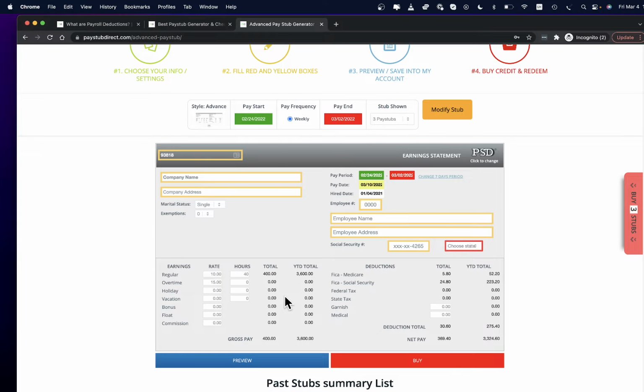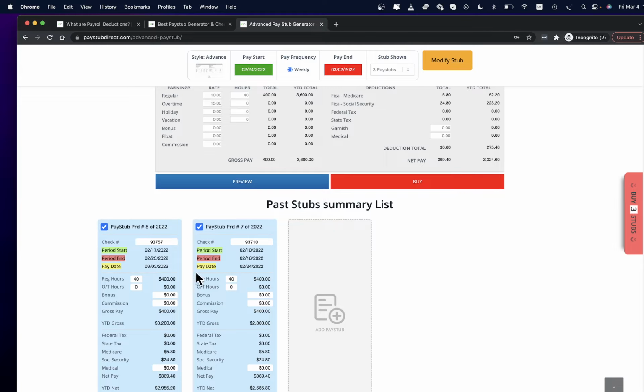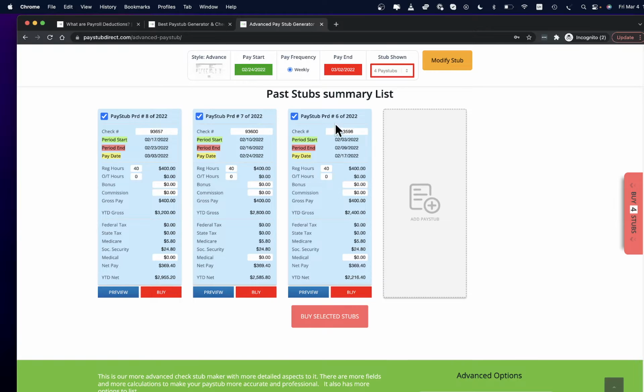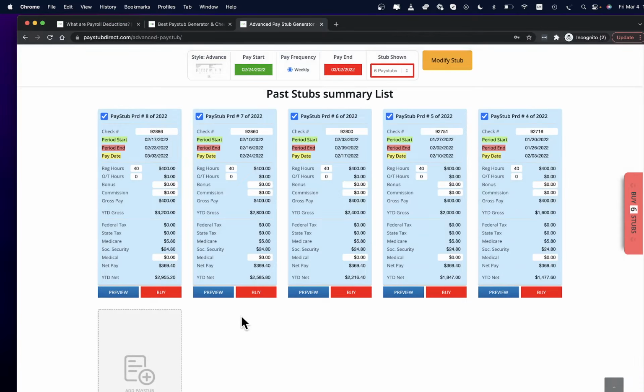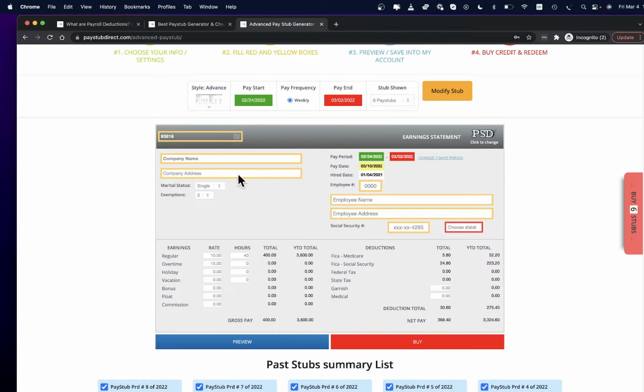Here you can see this is a stub summary, and this is the 7th pay. This is the 4th, 5th, 6th, 7th, 8th, and this is going to be your 9th pay period. So 9 times 4 is 36, the math is really simple. There it is, 3,600. That's what you get paid.